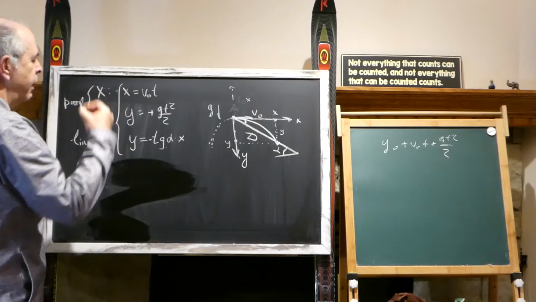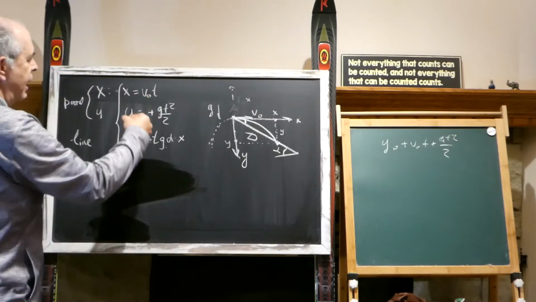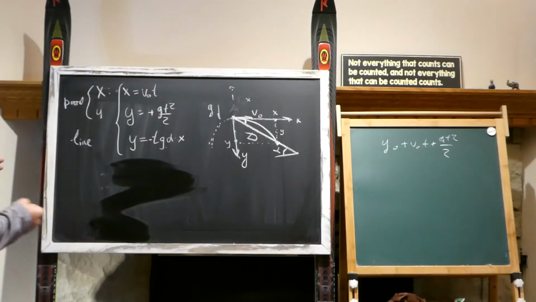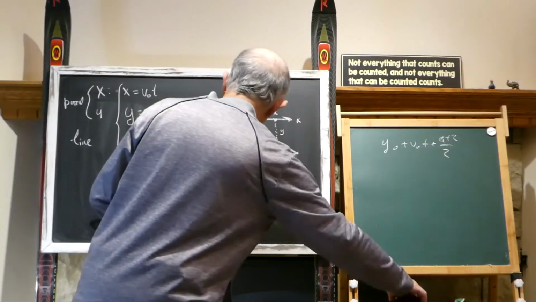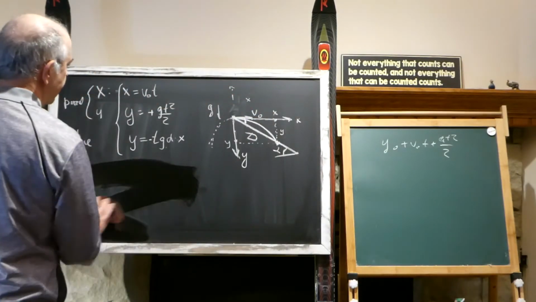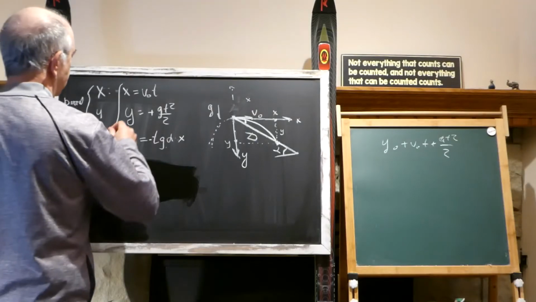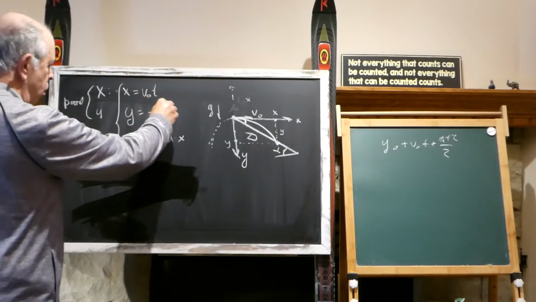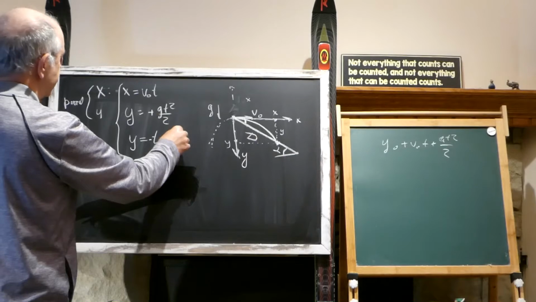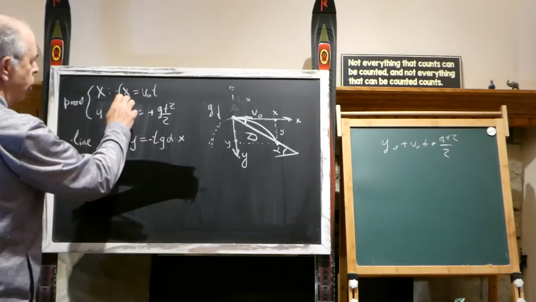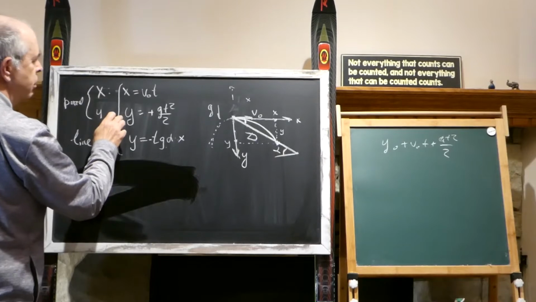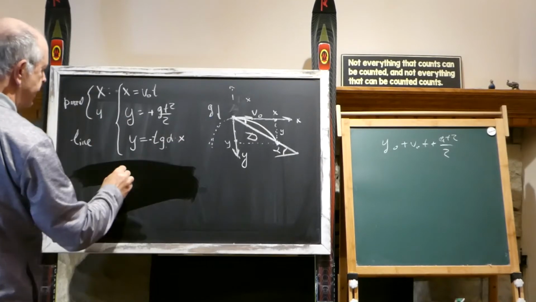And we have three equations, and we have t, x and y, and we can do whatever we want. For example, we can get rid of t and get rid of x. Let's first get rid of x and then get rid of t. So we put x in this equation, nothing, and we put x here.